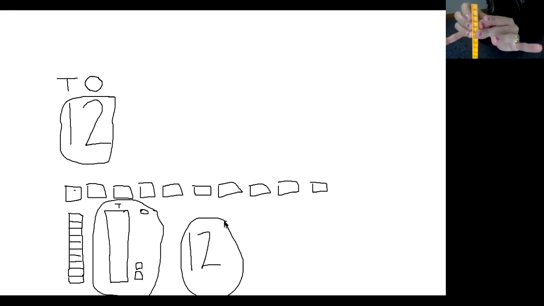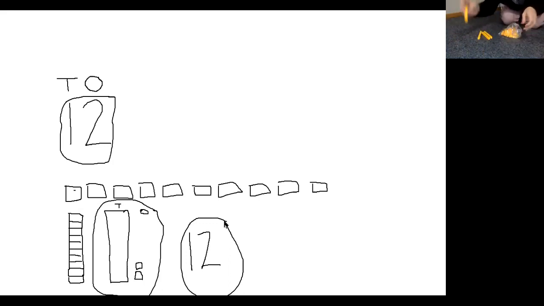Now, the reason why I'm using these to represent my tens is because it's much faster than individually taking 10 cubes, 1, 2, 3, 4, 5, 6, 7, 8, 9, 10, and then putting them all into one another to make a 10 strip.